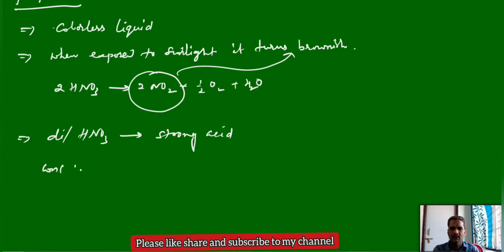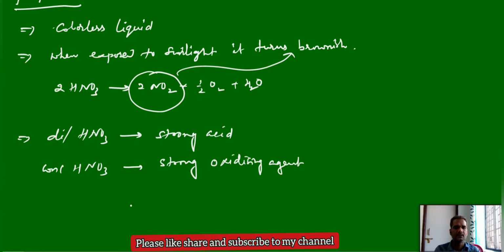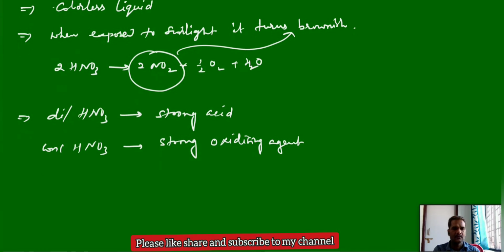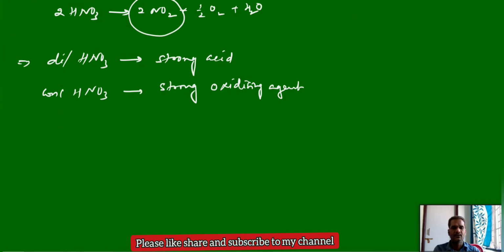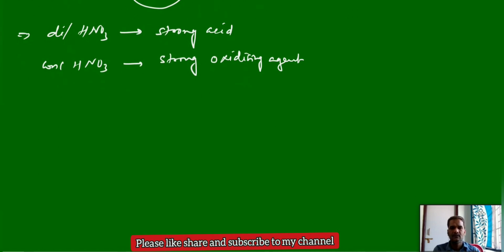But when you take concentrated nitric acid, it behaves as a strong oxidizing agent. Now let us see a few chemical properties of nitric acid. This HNO3 can react with non-metals, metals and some noble metals also.